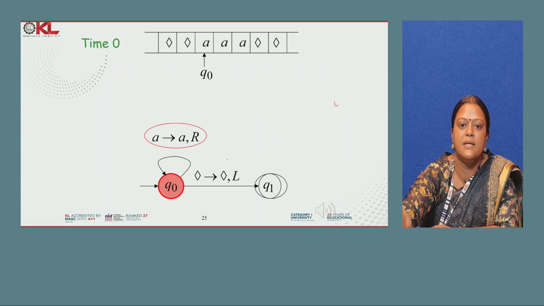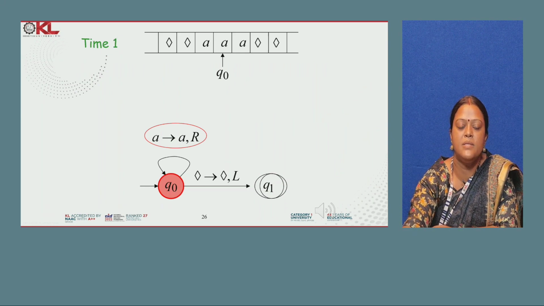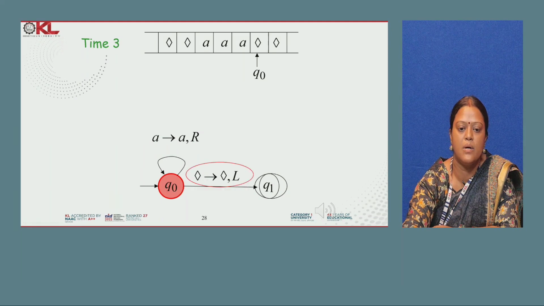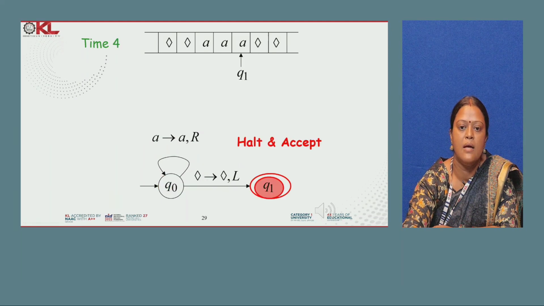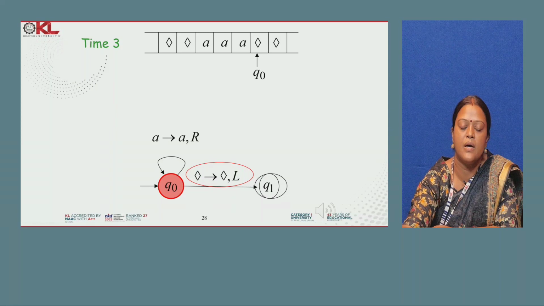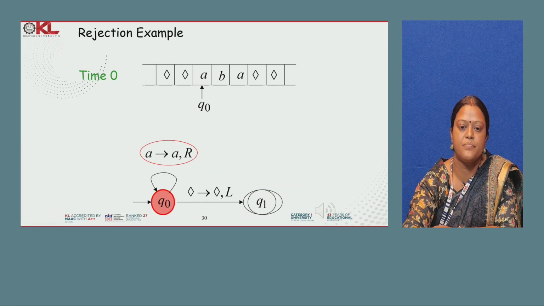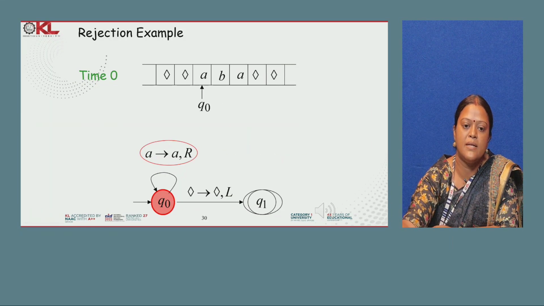Now look at this example, the same string, AAA. After all the A, it takes the self loop, and on the blank it goes to Q1, the final state, and this accepts. Now with another input, on Q0 we are reading A, so we move to the right-hand side.